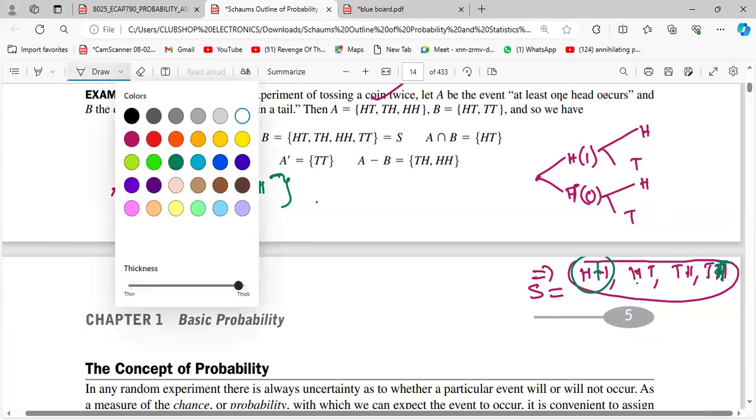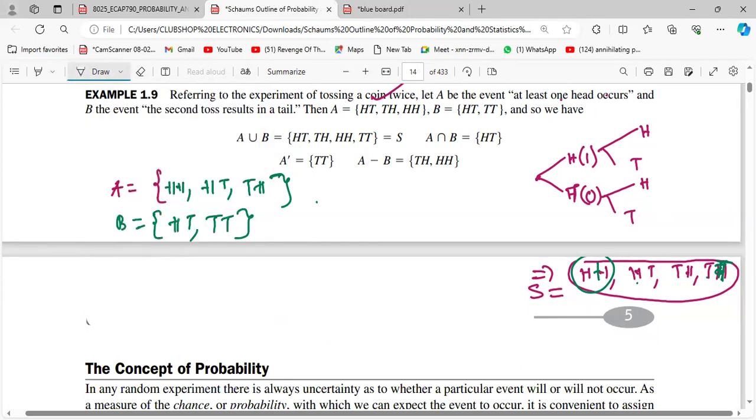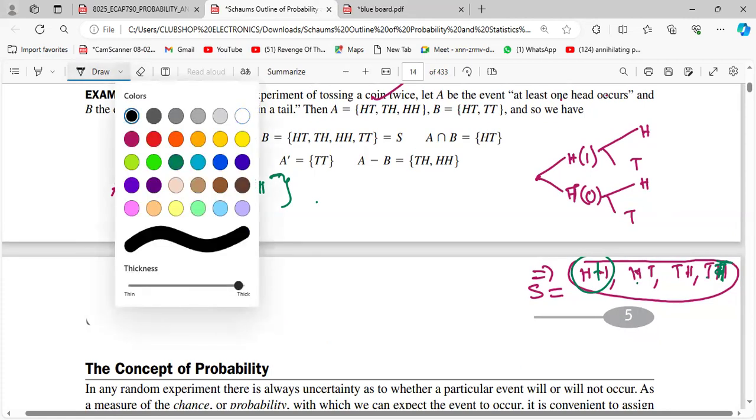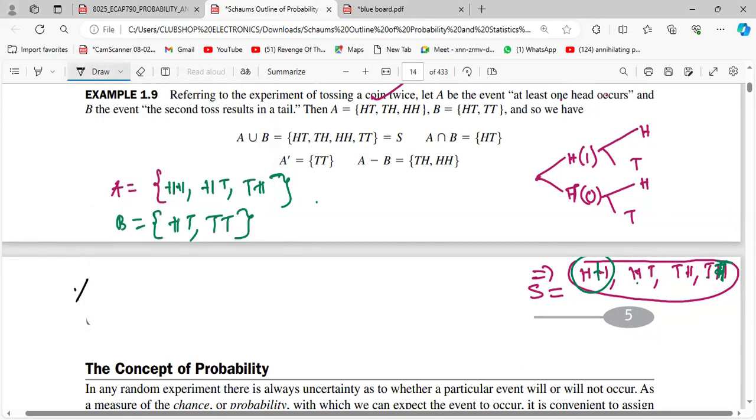So now if you look at A union B, what do we have? We get the elements of A and B put in one set. So we have got HH, HT, TH, and TT.